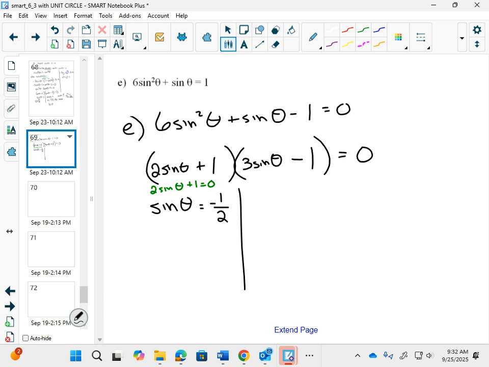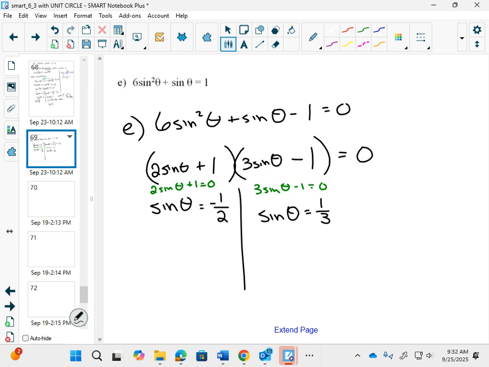What would make it 0? What would make this one 0? So in your head, you're imagining, I have 3 sine theta minus 1. I want that to equal 0. How would I do that? I'd move the 1 over and divide by 3. Half is on your pie plate.